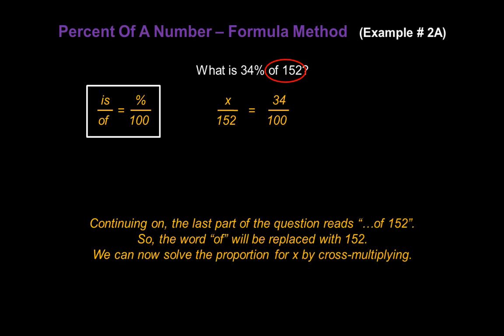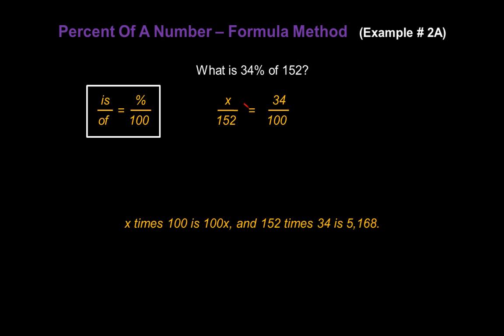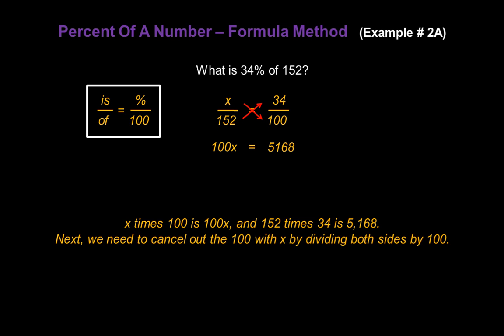Now we can solve the proportion for x by cross-multiplying. We know that x times 100 gives us 100x, and 152 times 34 is 5,168. Next, we need to cancel out the 100 with the x by dividing both sides by 100.